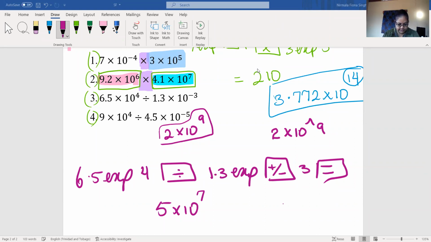If you're using your phone, is there a divide symbol? Yeah, you have a divide symbol on the keypad for your phone, but if you're using your keyboard, you have to use a slash.